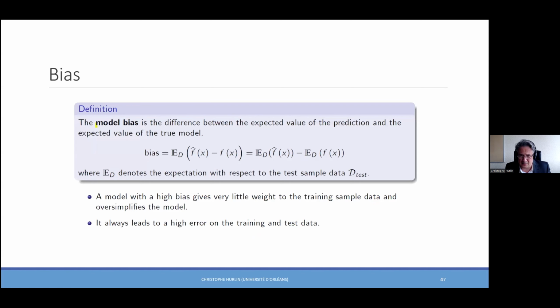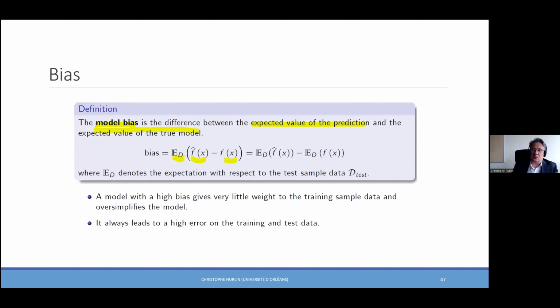So the model bias is the difference between the expected value of the prediction and the expected value of the true model. The bias is simply the mean, on a given sample, typically the test set, of the difference f hat minus f of x.